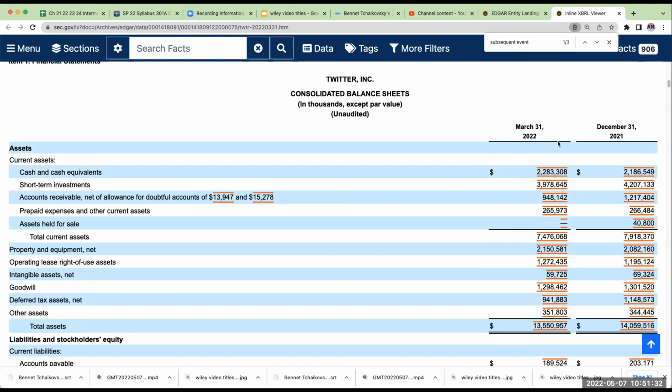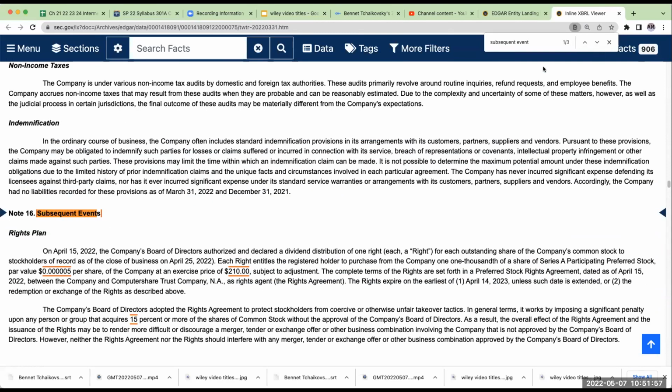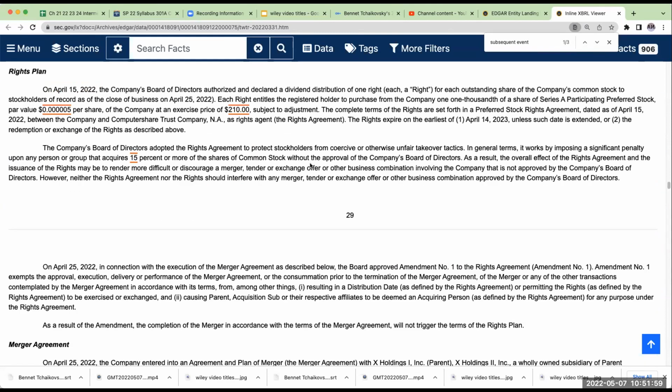This quarterly report was issued on May 2nd or so, in the last few days. Now, if you're being bought, you still have to make your disclosures appropriately. So because of the period of time between March 31st and then May 4th or whatever it might be, what we're looking at here is the subsequent events.